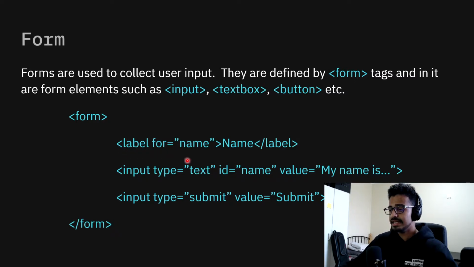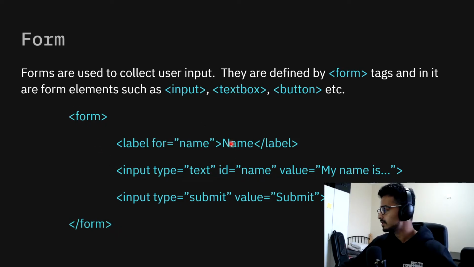So obviously this label is for this input tag down here. And over here we have an input submit, which creates a submit button. When you click on the submit button, the form gets submitted. To determine what we want the form to do when it's submitted, we can use some JavaScript, which we'll also be covering in this workshop today.